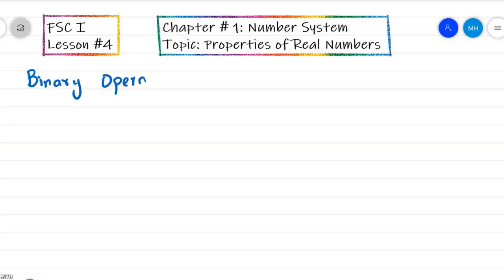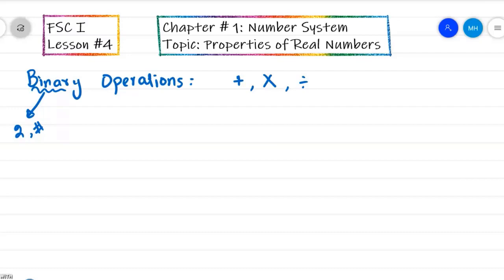We know that operations in maths are addition, multiplication, division, and so on. So we have some basic math operations here, and binary symbolizes 2 numbers. So what is a binary operation?